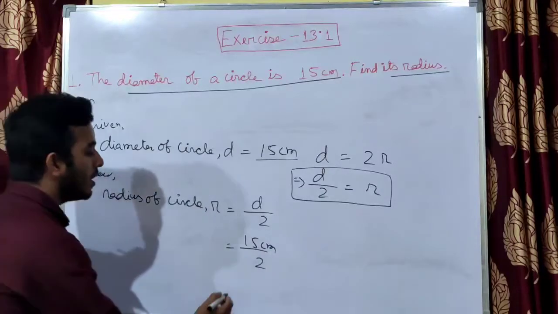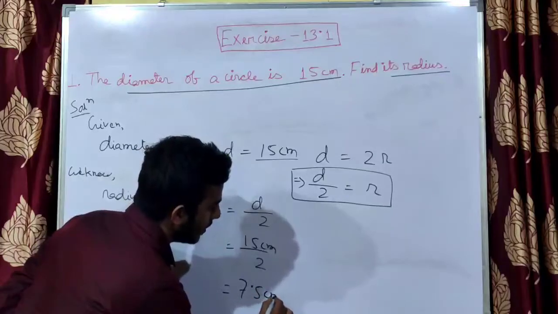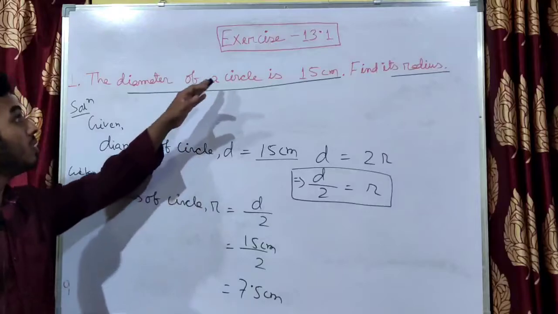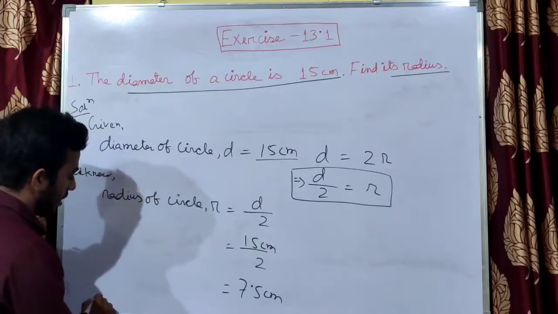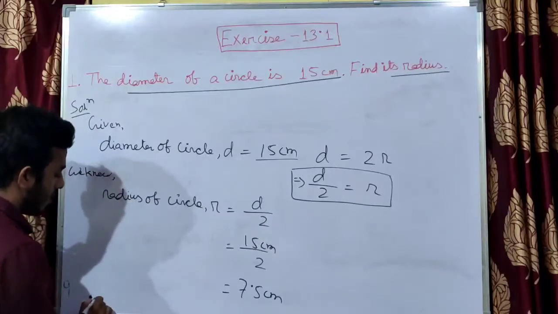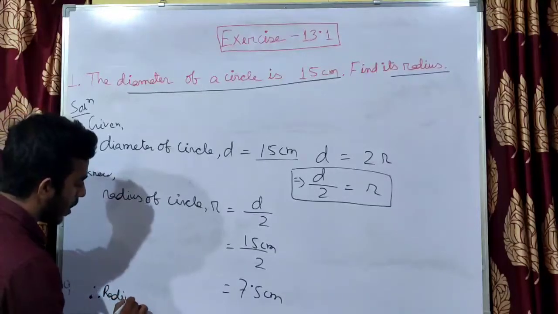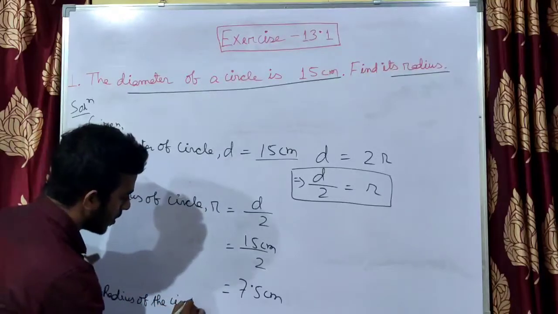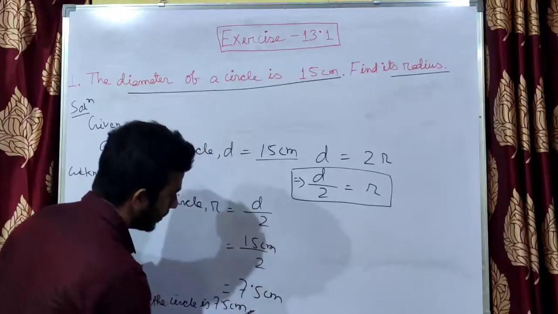If we divide, it will be 7.5 centimeter, right? So the radius of the circle is 7.5 centimeter whose diameter is 15 centimeter. So at last we will write: therefore, the radius of the circle is 7.5 centimeter. Clear?